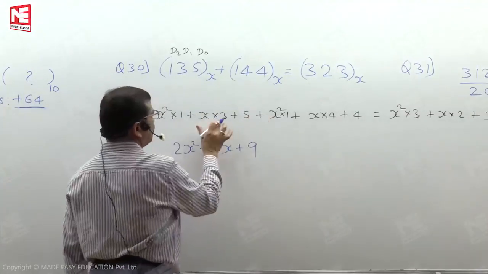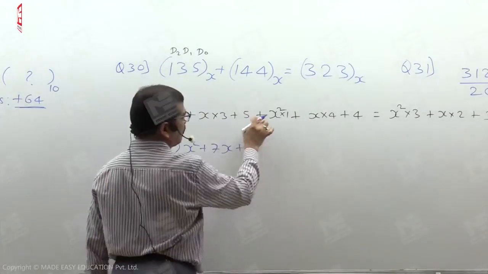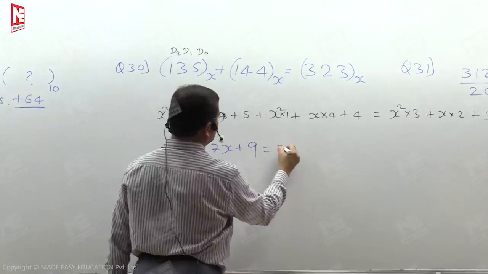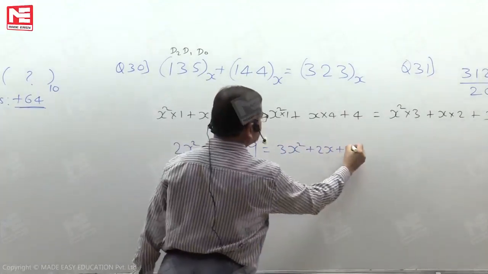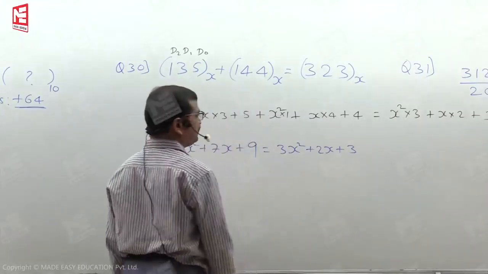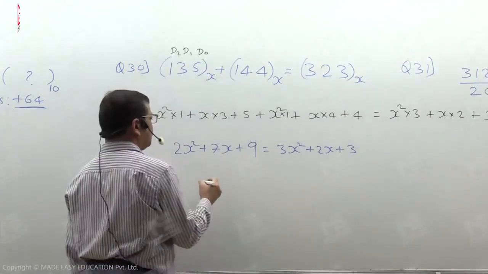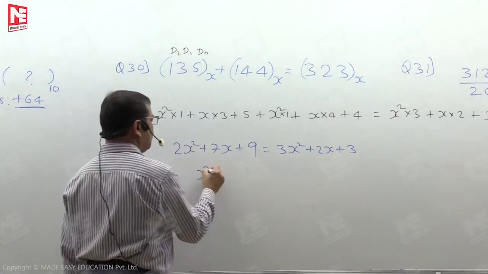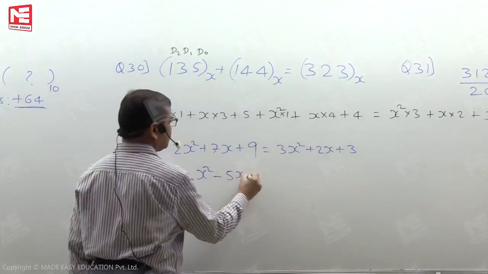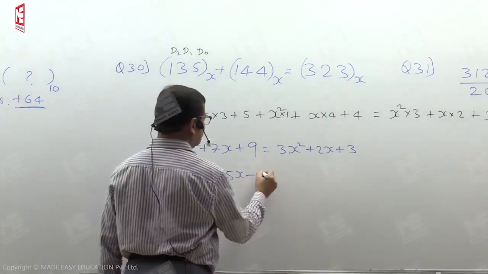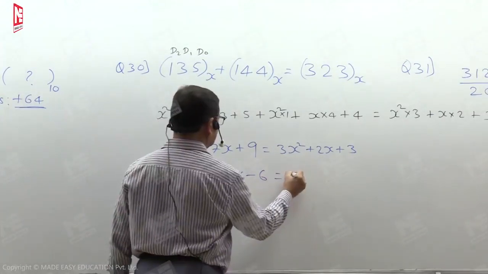So 2x square, 7x, 9 is equal to 3x square plus 2x plus 3. So this is effectively x square minus 5x minus 6 is equal to 0.